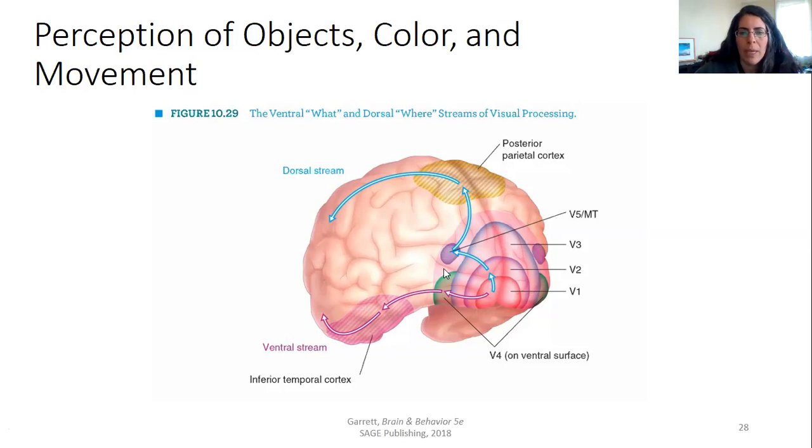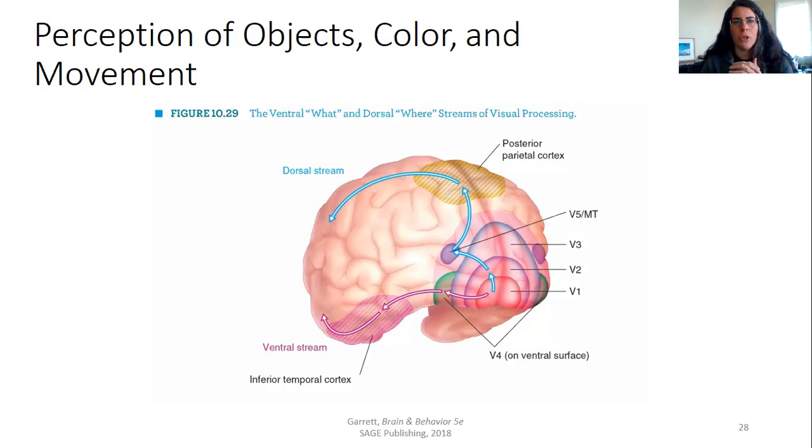So given that we have these different areas, and we're going to talk about some more, like the inferior temporal cortex, which is going to be important for some other things we'll talk about in a moment. We talk about the brain as being modular by function. There are different areas that are primarily responsible for processing certain types of information.